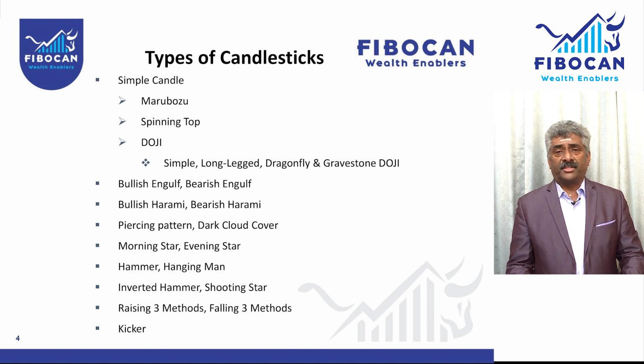Bullish engulf and bearish engulf. This is a combination of two candles. Bullish harami and bearish harami, piercing pattern and dark cloud cover, morning star, evening star, hammer and hanging man, inverted hammer and shooting star, rising 3 methods and falling 3 methods, kicker. Lastly, we end with kicker candle.